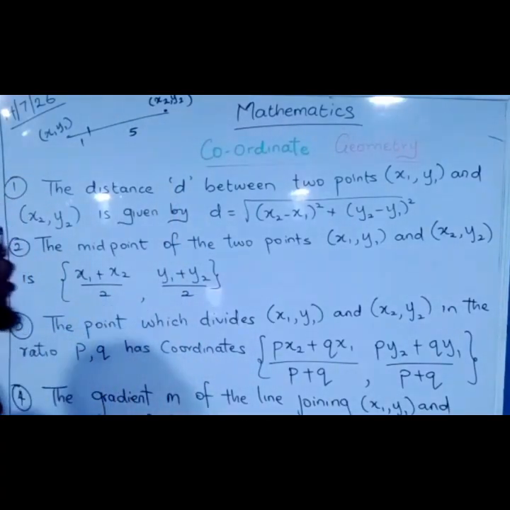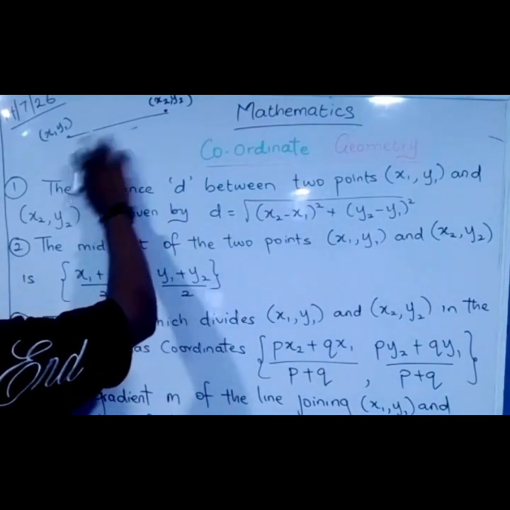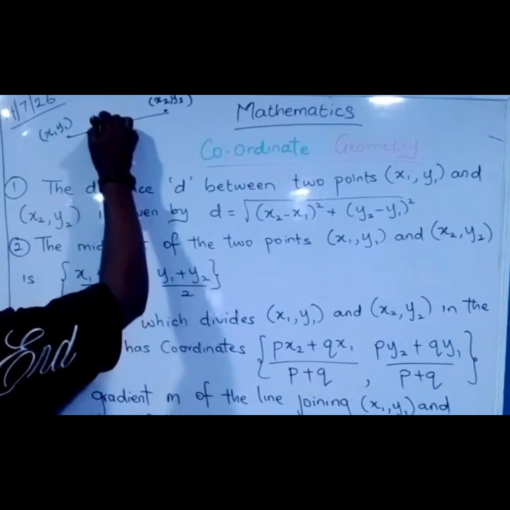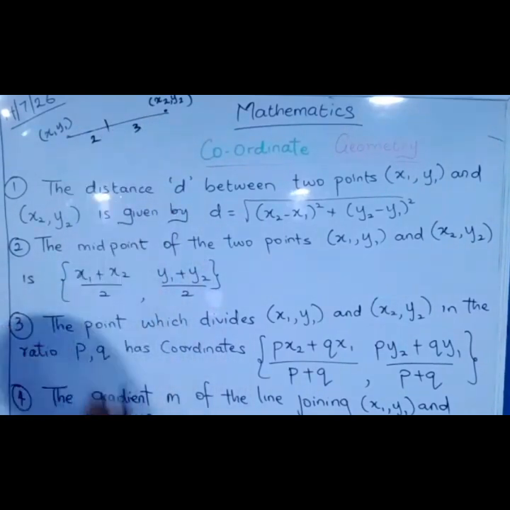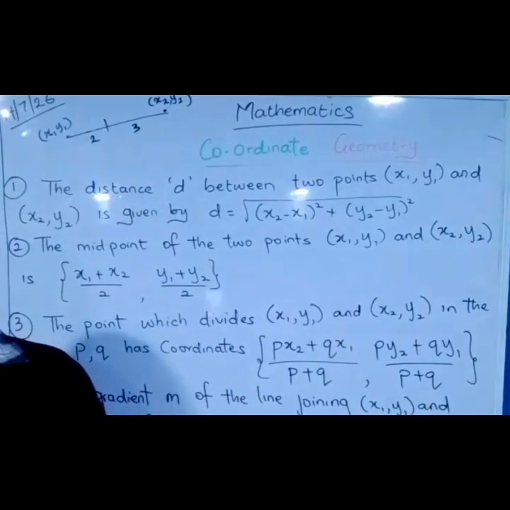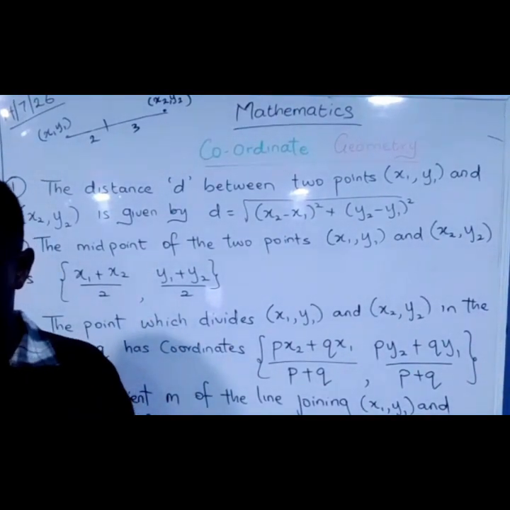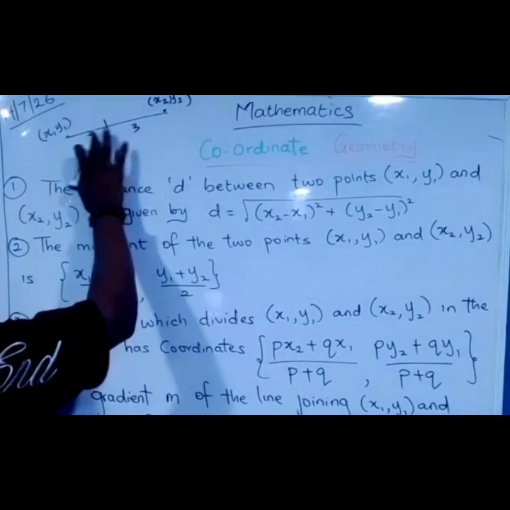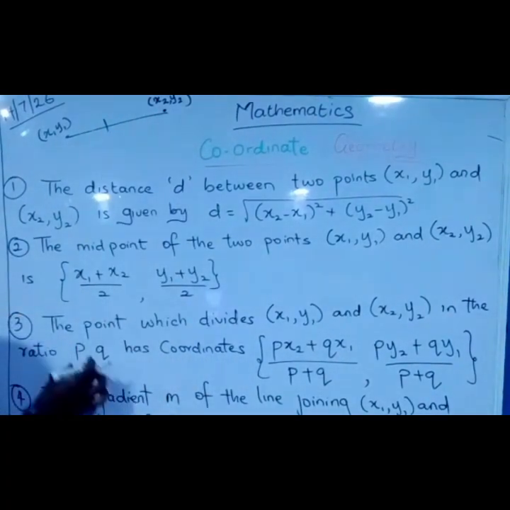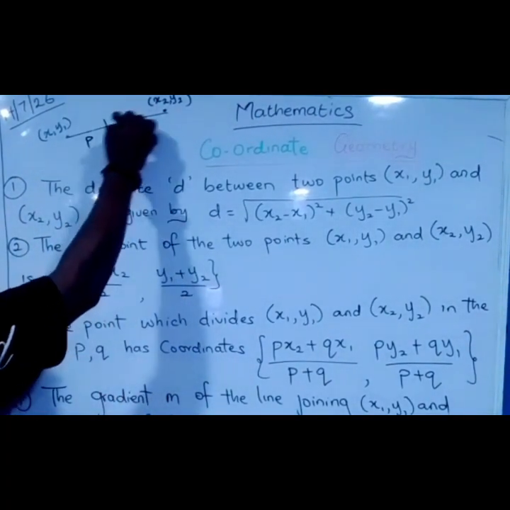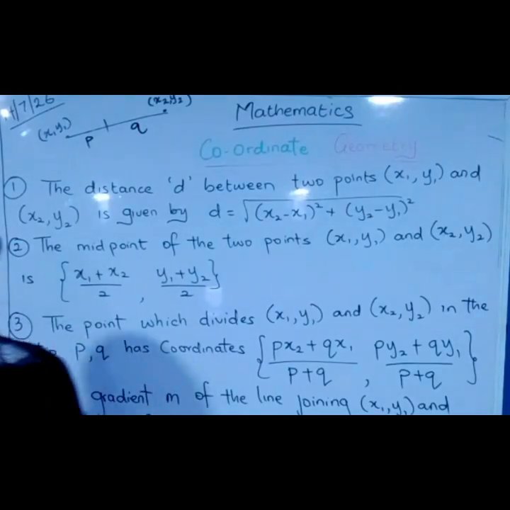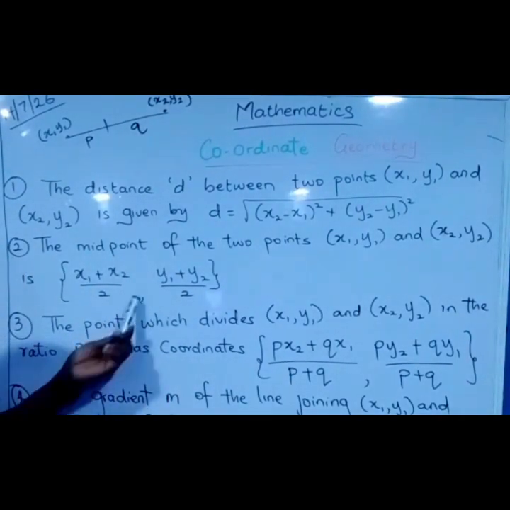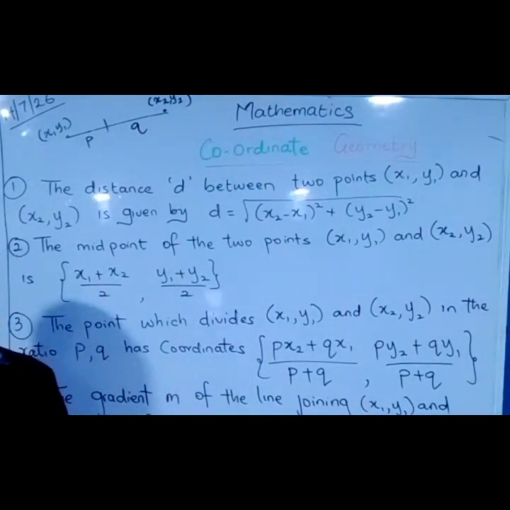You can divide this line into anything you like, maybe 2:3, or 4:1, or 5:7. Anyhow you want to divide it into a particular ratio. The ratio you want to divide it into is now your P:Q of your choice. This one is half of this one, which is 50-50.